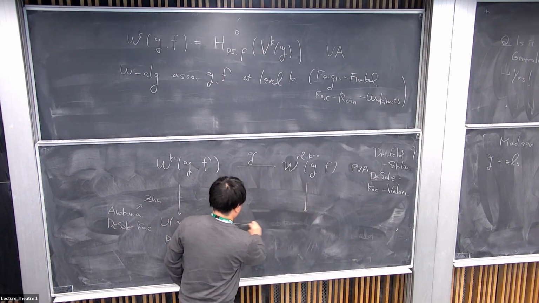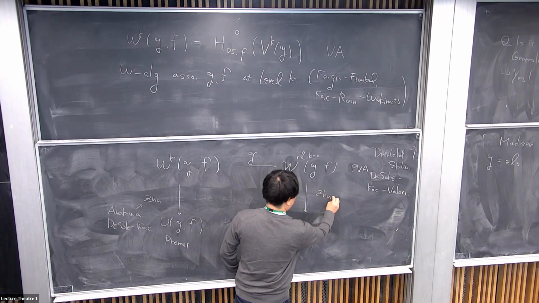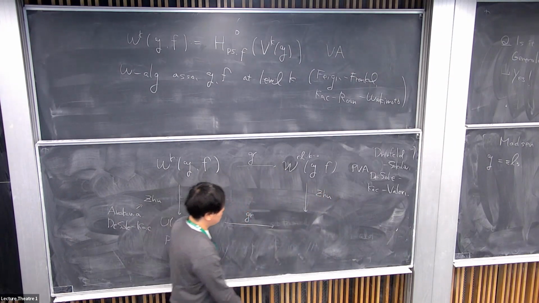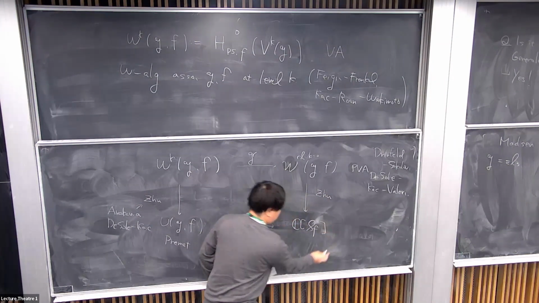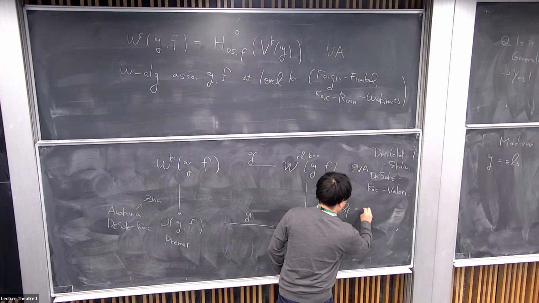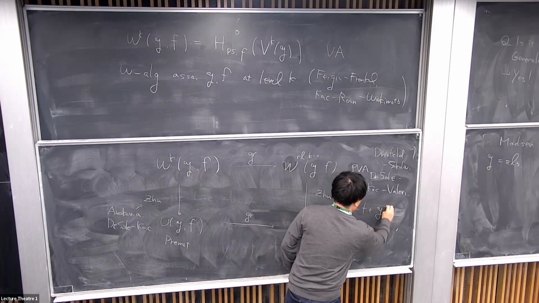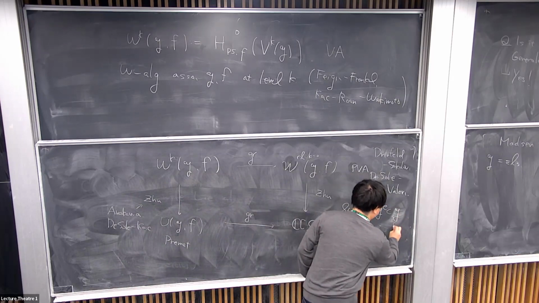Another direction is we want to think of it as a functor. So this is isomorphic to S_f, where S_f is like identifying g and g star by pairing.